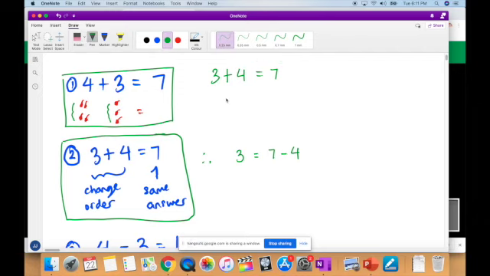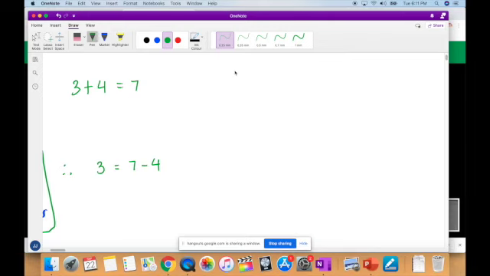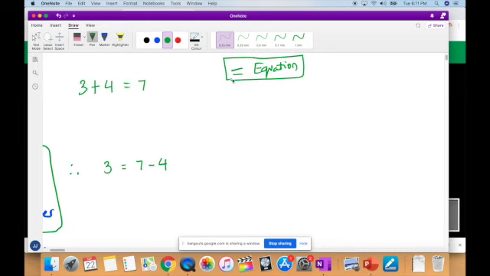Yeah. And at the end of the day, this equal sign is the biggest thing. That equal sign means that that is an equation. An equation has an equal sign. You could think of an equation like a scale, and the scale needs to be balanced on both sides.